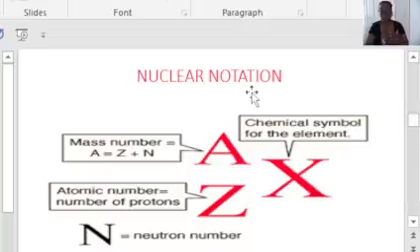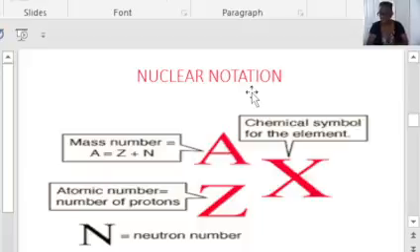So the superscript would be the one on top, the mass number, which is equal to atomic number, represented by Z, plus the neutron number, represented by N. And we will realize that atomic number is also equal to the number of protons.